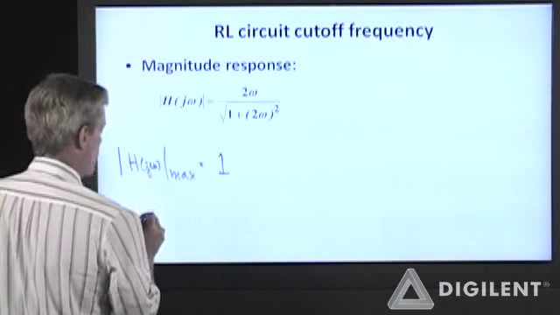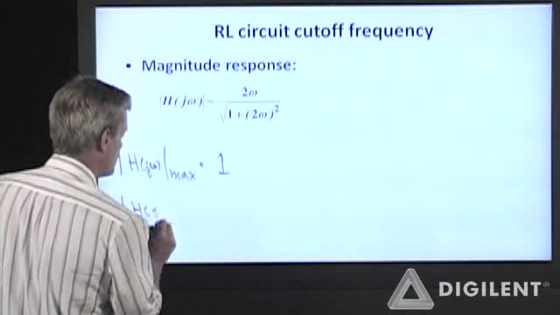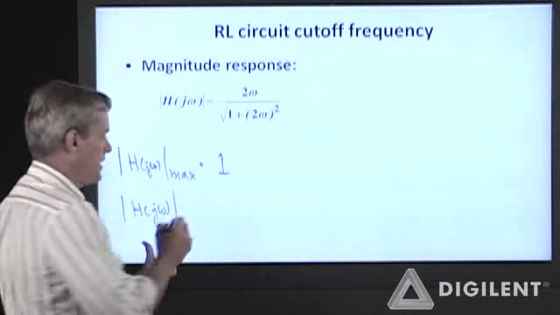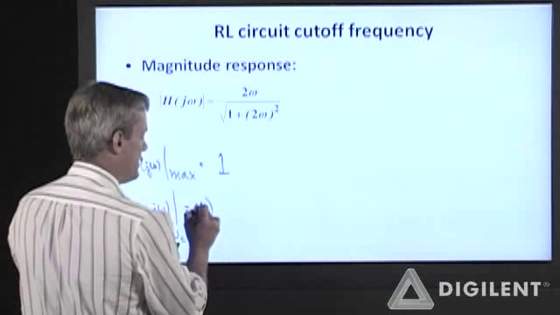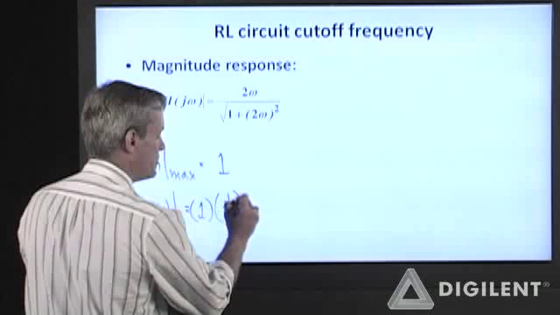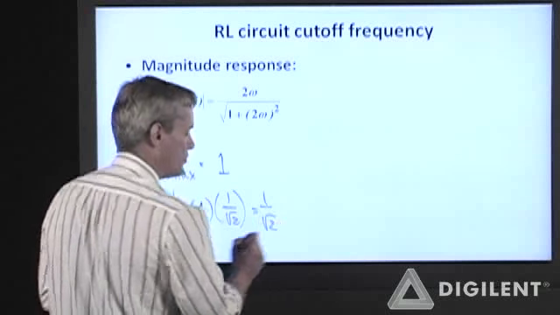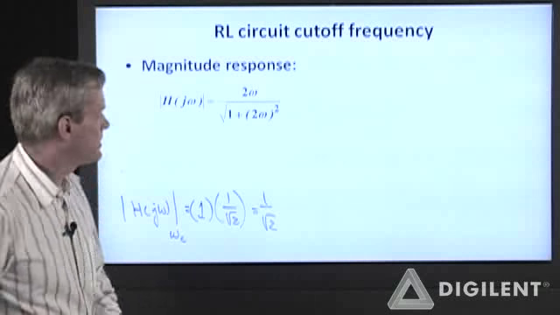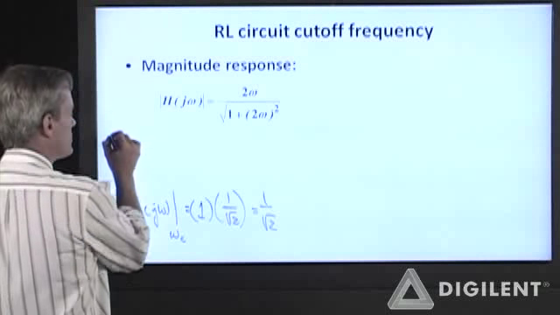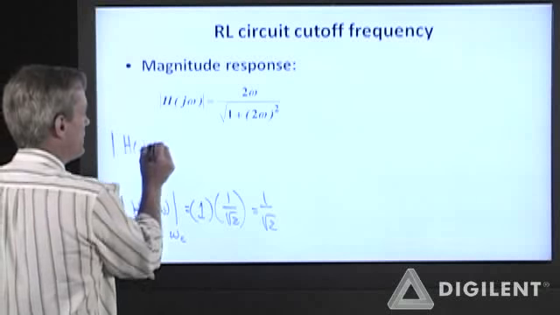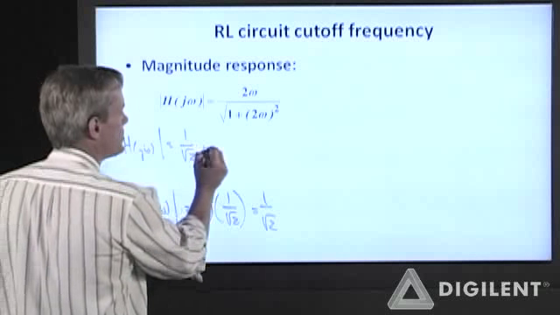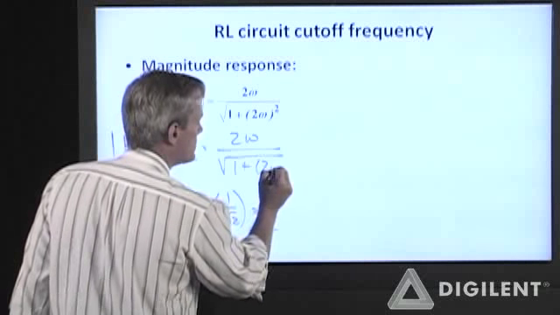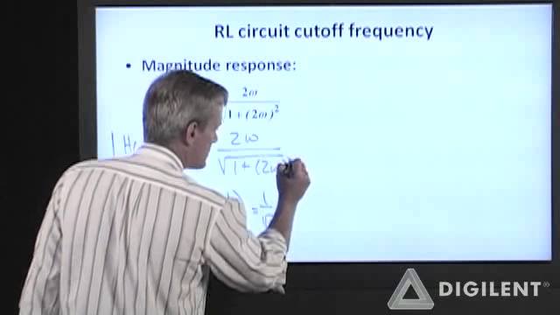So we're looking for magnitude of h of j omega at omega sub c, which is this 1 times 1 over square root of 2, which is 1 over root 2. Now, if we look at where this frequency response becomes 1 over root 2, so magnitude of h of j omega is equal to 1 over square root of 2, that becomes 2 omega over the square root of 1 plus 2 omega sub c squared.